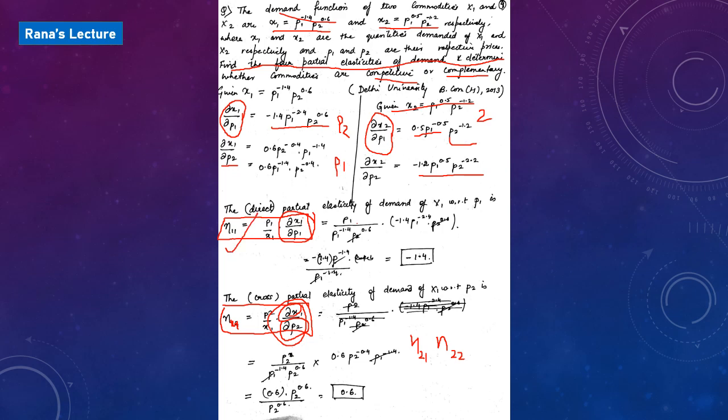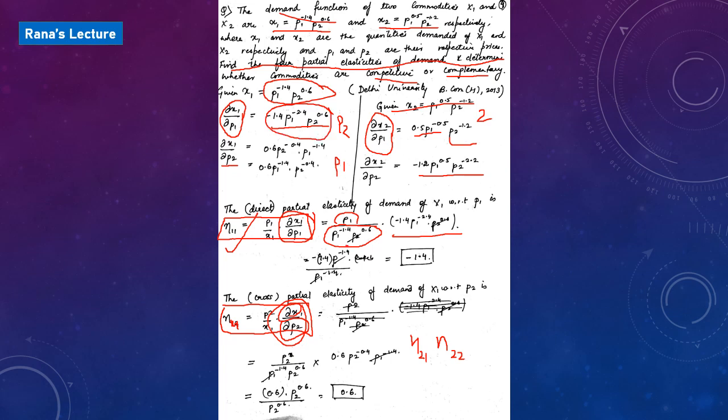Let p1 be as it is. We are writing everything in terms of p1 and x1. The function given over here was this, so we write this over here, p1 to the power minus 1.4 p2 to the power 0.6, and then what we calculated in the above steps, that is delta x1 by delta p1. This is the answer over here. We write this one over here.